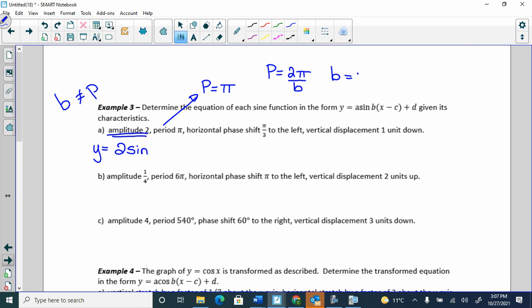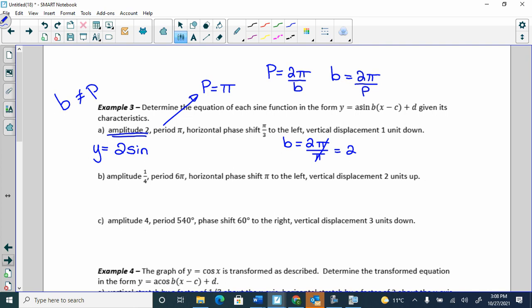B equals 2 pi over P. So if they give me P, I just plug it in there, and I get B. So my B in this case is going to be 2 pi divided by the period. And what's the period? Pi. So what's my B? 2. Never put your period in for the B. They are not the same. Then you're saying B equals P and Paula could be Bala, and she can't be.